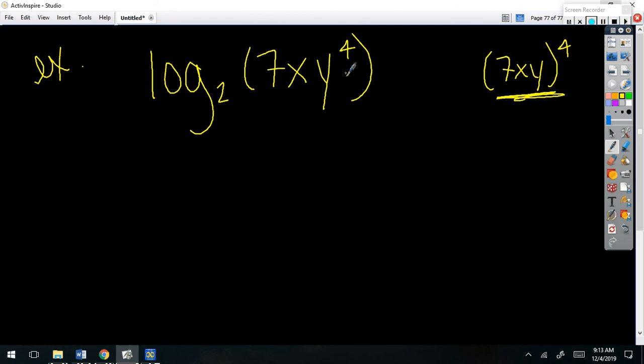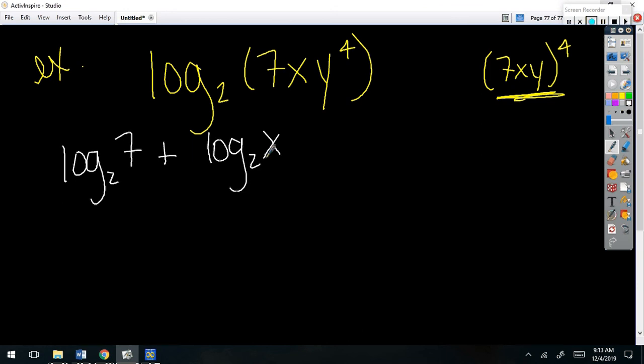When we do it this way, very good, Chandler, very good. When we do it this way, look, this is showing us that the 4 is only going with the y piece.